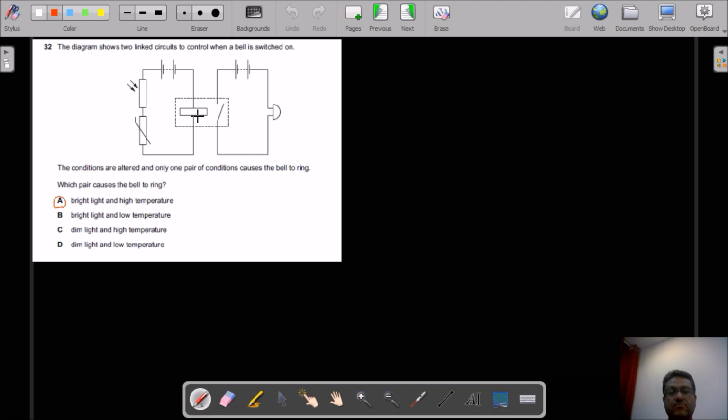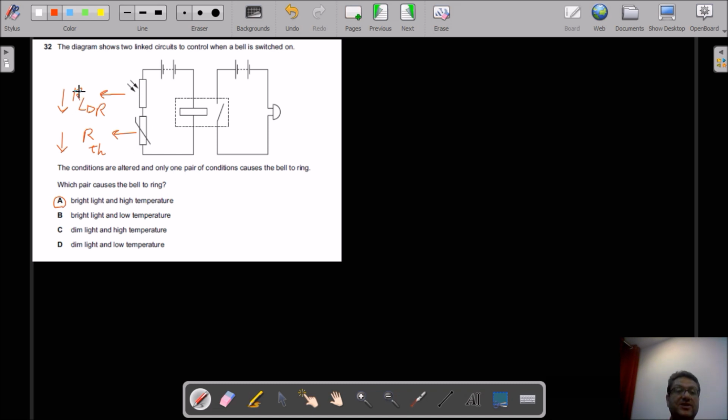That's why potential difference of thermistor and LDR must decrease. Then potential of these two components must be decreased. That's why resistance of thermistor and resistance of LDR must decrease, because potential difference of them must be increased.